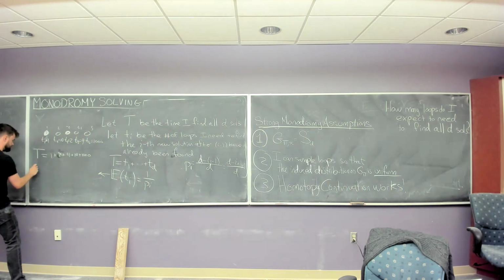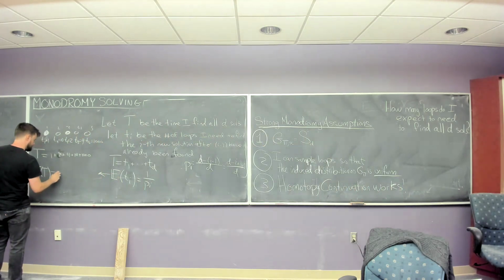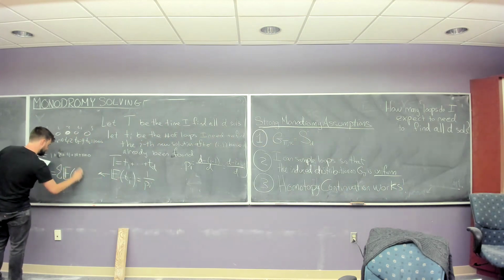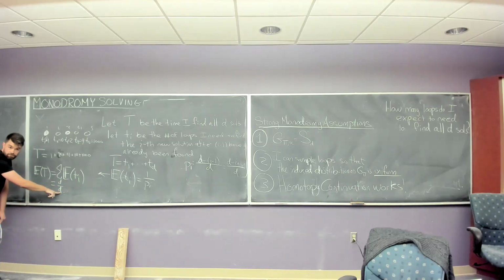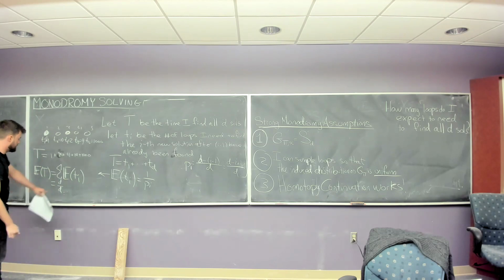And since these are independent, the expected total is the sum of the Ti's, which is d over d. That's the expected number of steps I need to get the first one.